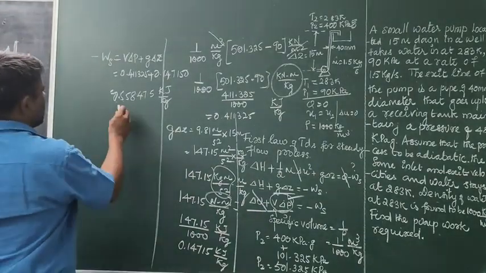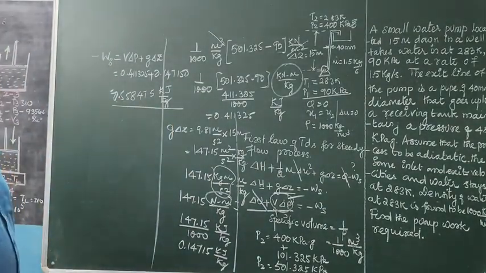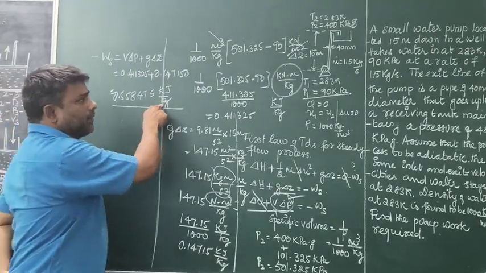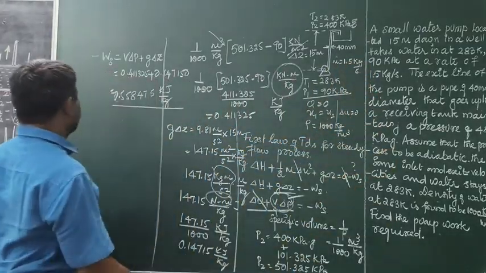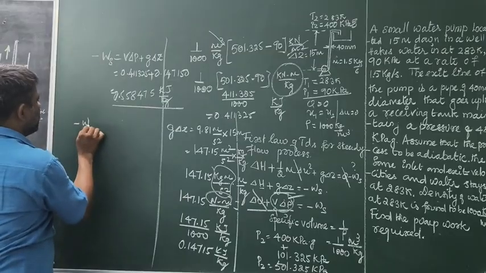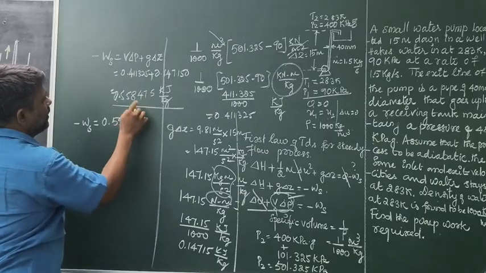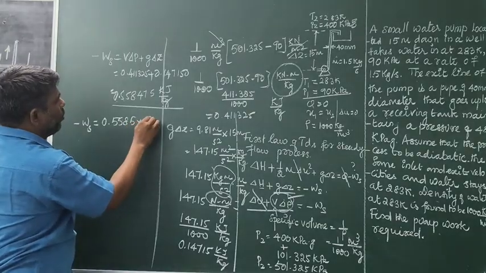Right. How can I convert this into kilowatts? I am in need of watts. For that, the mass flow rate of water is given. The mass flow rate of water is 1.5 kg per second. Just multiply: minus Ws is equal to 0.5585 with 4 decimal accuracy, into 1.5.